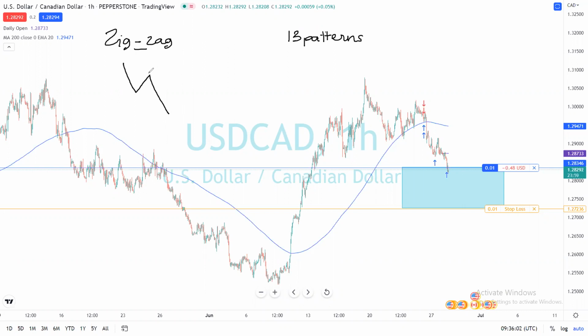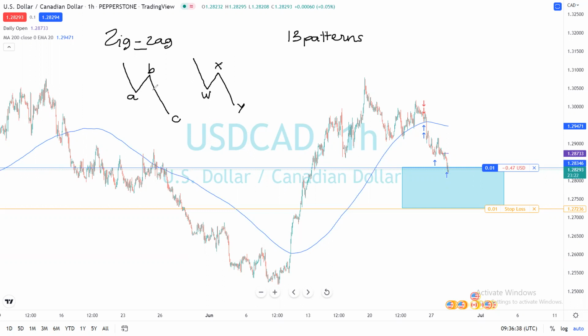And since this is a corrective pattern, we label it with an A, B, and a C, or it can be a W, X, and a Y. This is just the labeling, but the pattern itself looks pretty much the same for an ABC and a WXY. The only difference being the internals of these patterns.